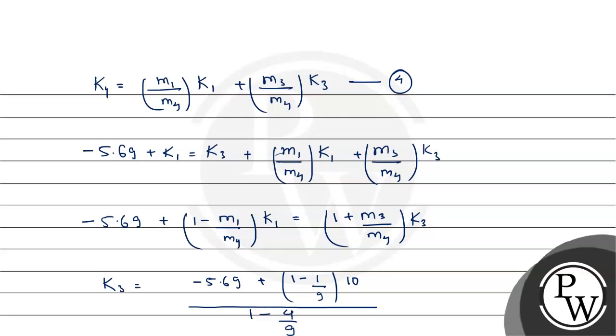Now solving it, we get 9 over 13 times minus 5.69 plus 8.89. So we get our final answer, K3 is equal to 2.21 mega electron volt, and this is our final answer. I hope you understood it well. Thank you.